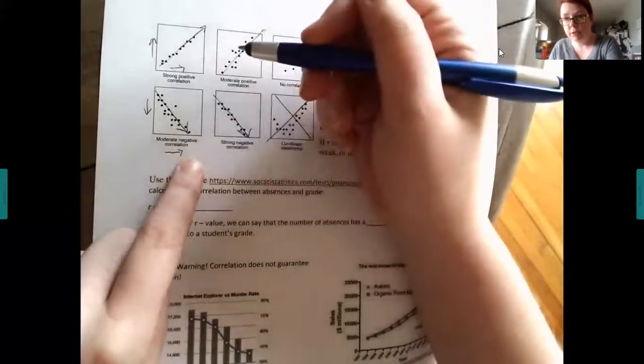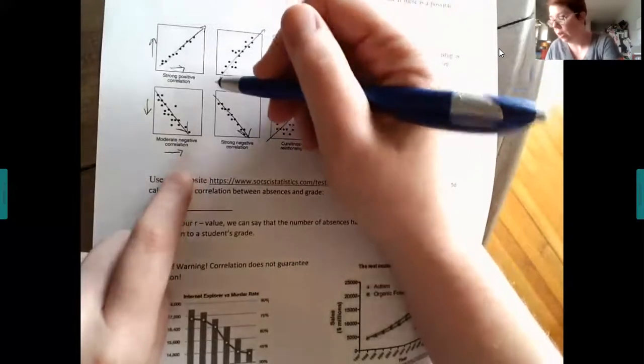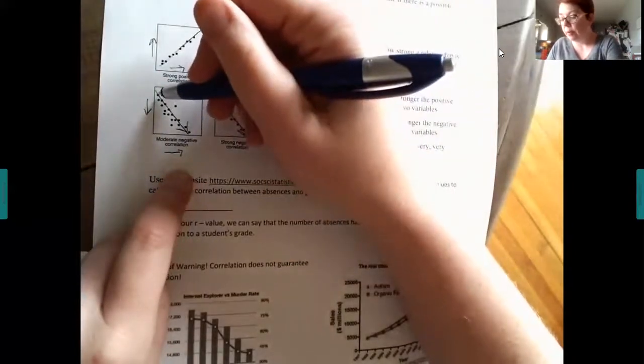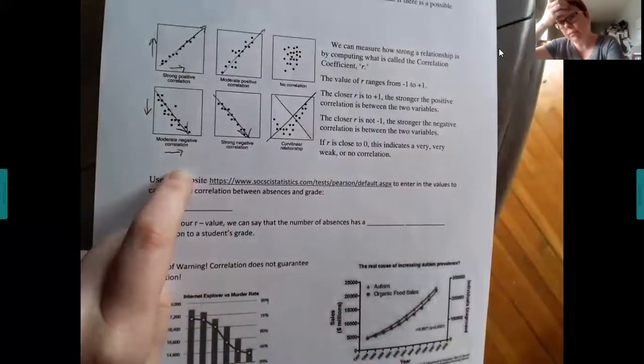Like homicide rate, you really don't want a big homicide rate. You don't want a lot of murders in your town. So having a negative correlation when it comes to homicide would be something that people are like, yeah, woohoo.